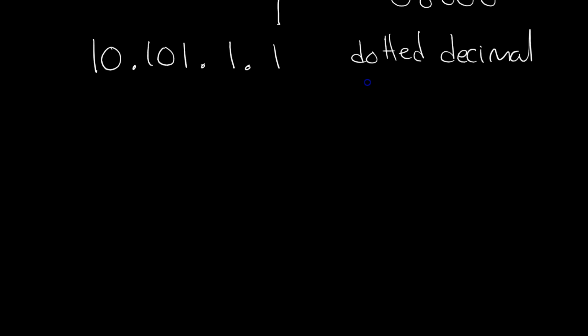This is an IPv4 address and it's written in dotted decimal, meaning this is 10 base 10, this is 101 base 10, this is 1 base 10, and this is 1 base 10. This number written out in binary would be 0000 8 plus 2, dot 101.